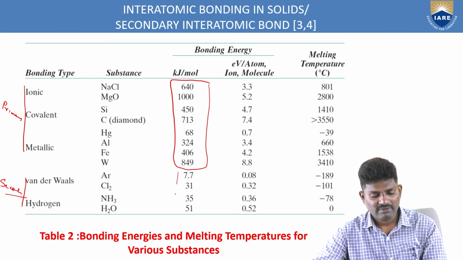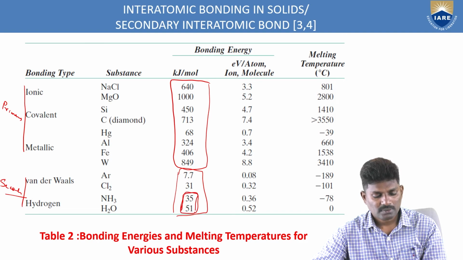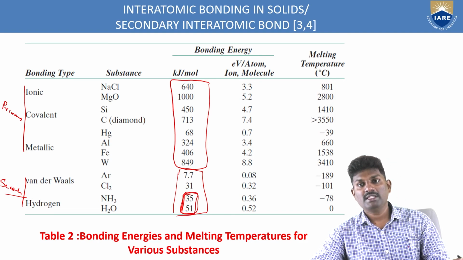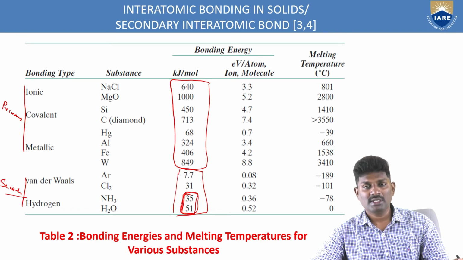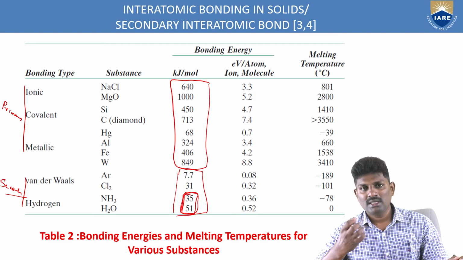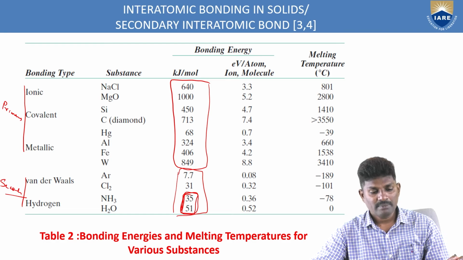But once you add hydrogen, you are getting good values of 35 and H51. So these are good values when you are adding hydrogen with other secondary type molecules. So this is the importance of the hydrogen. Since it already has a covalent nature, it is trying to get a good attractive force to the other types of secondary substances.